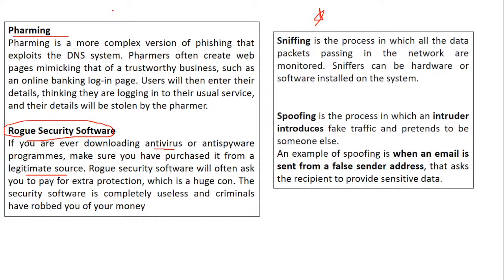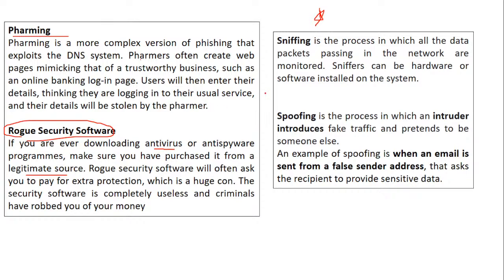Now when it redirects you to the new page, the page will not be suspicious. You will feel that it is a part of the activity, but actually that is a duplicate page wherein they will tell you to log in with your bank details, and within no time your money will be stolen. That is called pharming. Is it clear? Pharming. Hope it is clear to you now.